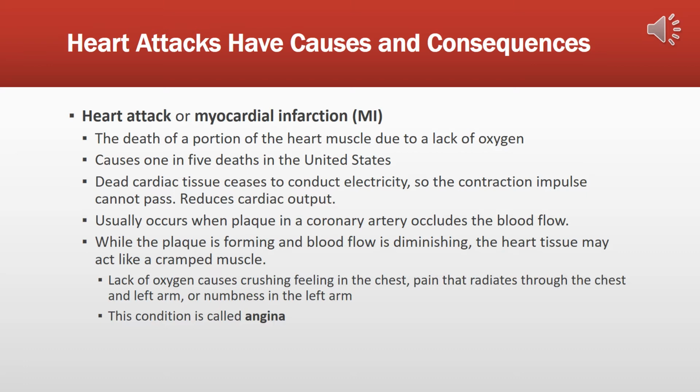Before a heart attack occurs, while the plaque is forming, the blood flow is beginning to diminish, and this can cause the heart tissue to act like a cramped muscle because of the reduced amount of oxygen getting to that tissue. And this causes a crushing feeling in the chest, pain that radiates throughout the chest and left arm, or numbness in the left arm, and this cramping of the cardiac muscle is called angina.